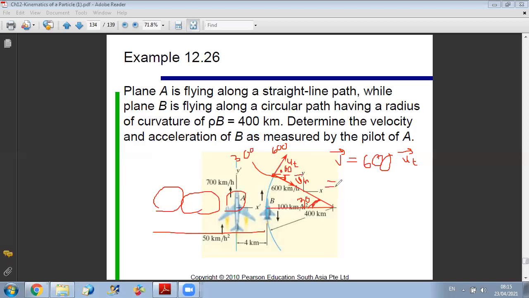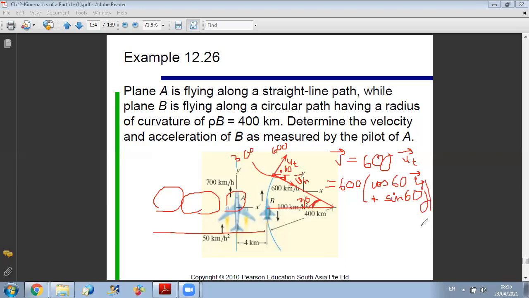So I can replace UT by cosine 60 I plus sine 60 J. So in this way, I got the velocity vector.